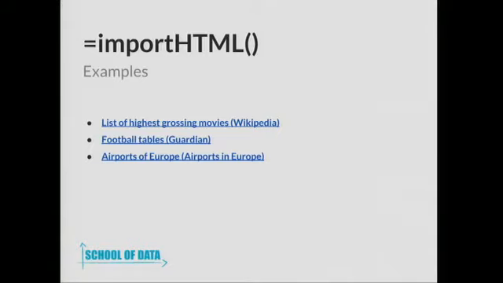Okay? So in your presentation, there are 3 links. Let's take a look at these links and see how we can import the tables in these links back to Google Sheets, all right? So let's click on the first link, which is a list of the highest grossing movies from Wikipedia.